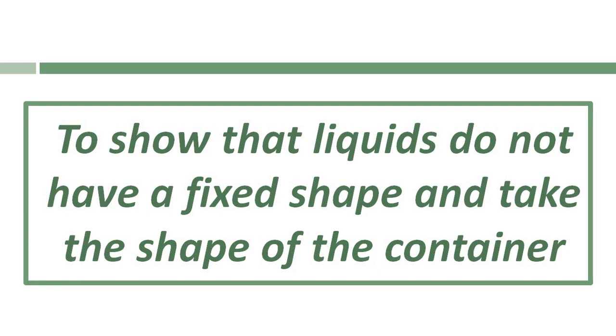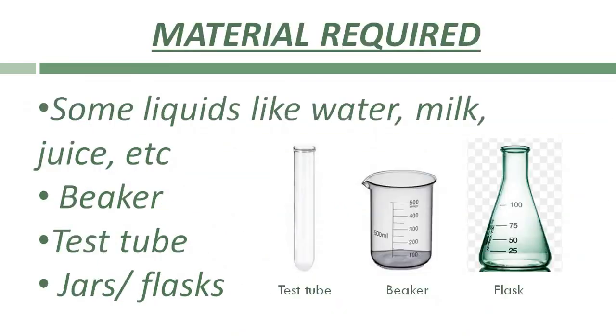For this activity, you need some liquids like water, milk and juice, and different containers like a beaker, test tube, jar or flask. Children, in place of these, you can even use a glass, cup, bowl or jug. Let's start this activity.